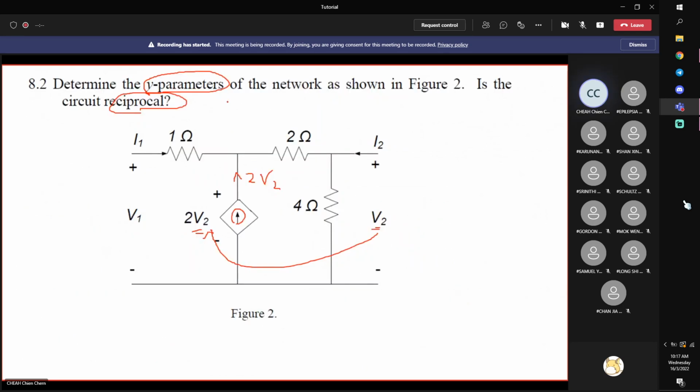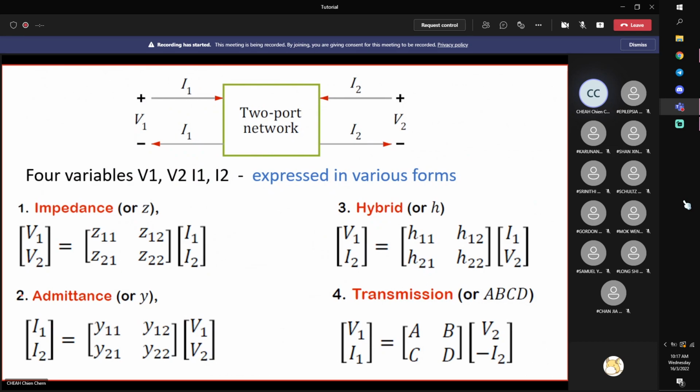We have to recall that Y parameters means admittance. Sometimes Z parameters are called impedance parameters. Similarly, Y parameters are also called admittance parameters. You have to remember that. Y parameters is basically the other way around: given V1, V2, find I1, I2.